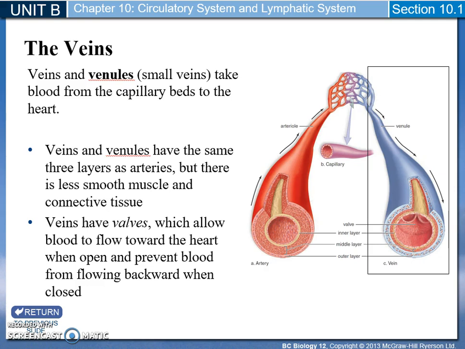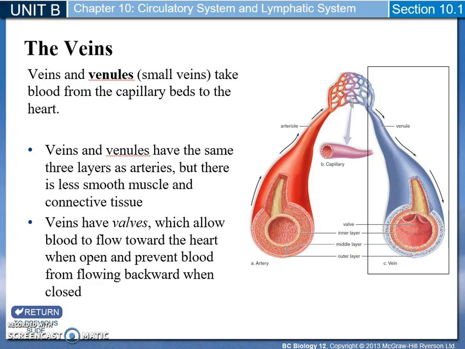So that brings us to veins. Veins and venules: venules are simply the small veins. They take blood from the capillary beds to the heart. Veins and venules have the same three layers as arteries, but there is less smooth muscle and connective tissue, so they're not as firm or rigid.